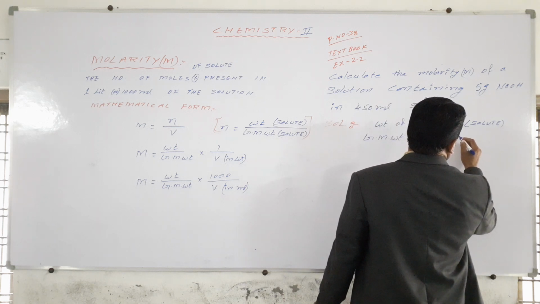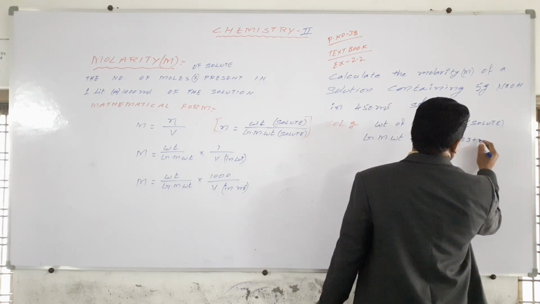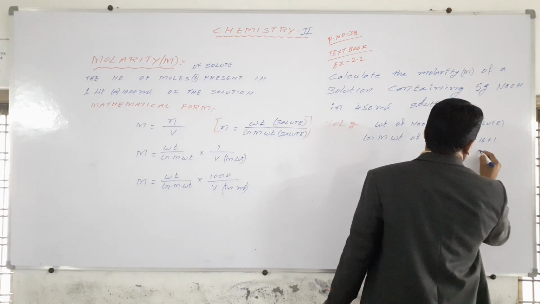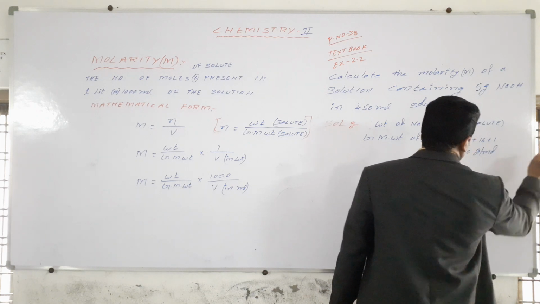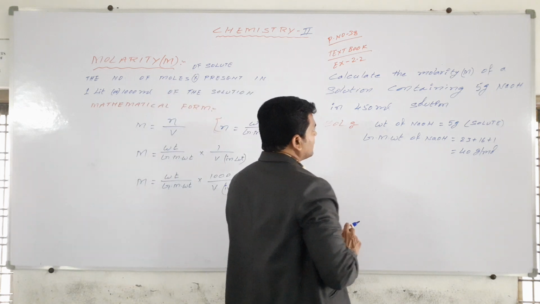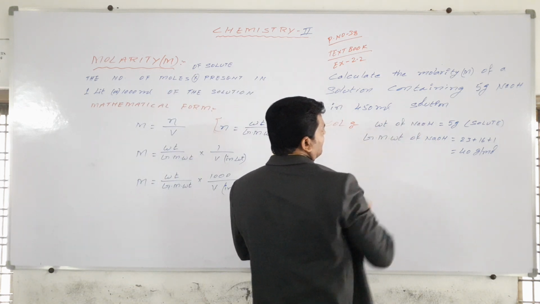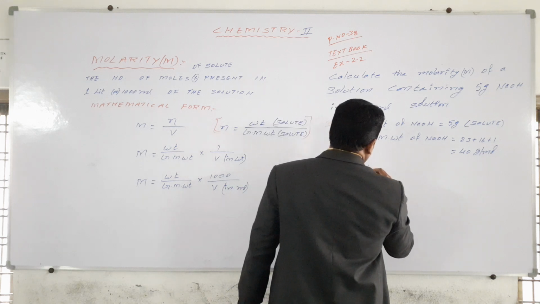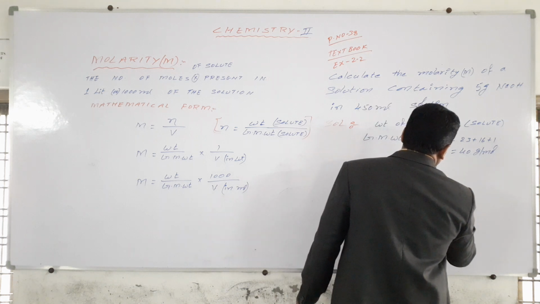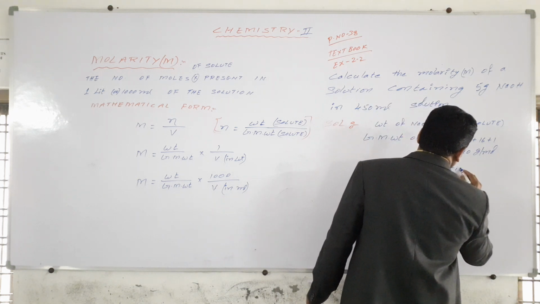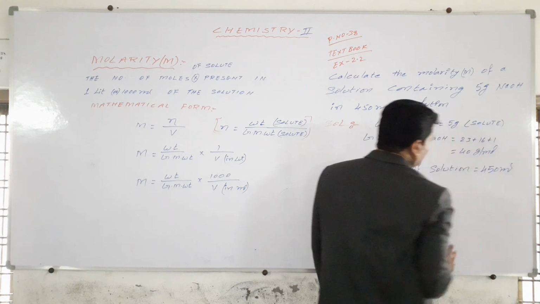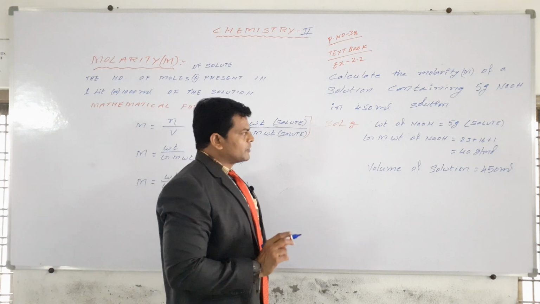This is equal to sodium 23 plus oxygen 16 plus 1 equal to 40 grams per mole. 450 ml of the solution means volume of solution is 450 ml.